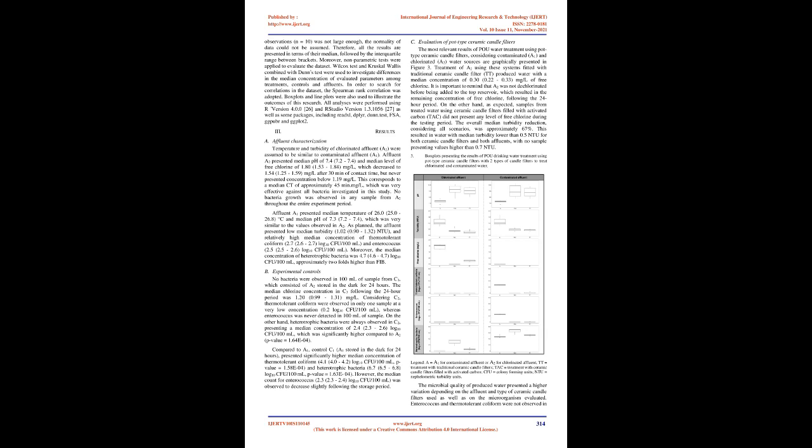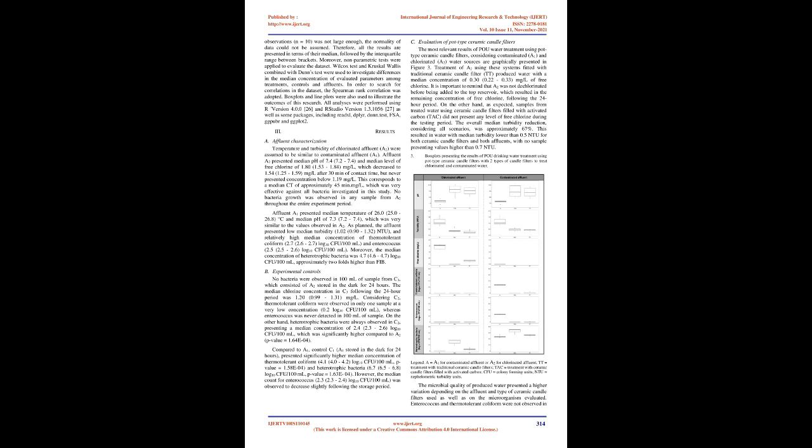On the other hand, heterotrophic bacteria were always observed in C2, presenting a median concentration of 2.4, 2.3 to 2.6 log 10 CFU/100 ml, which was significantly higher compared to A2, p-value equals 1.64 times 10 to the power of -4.